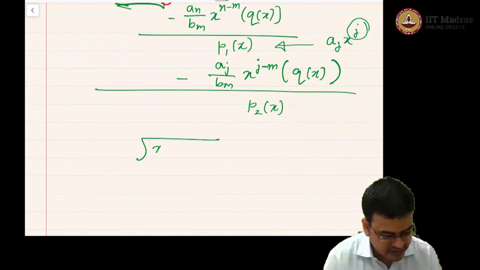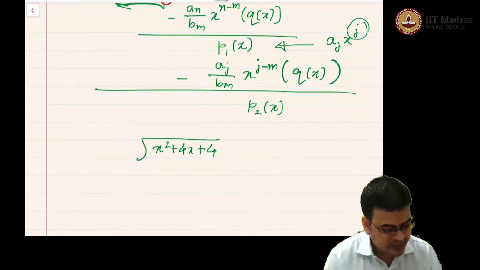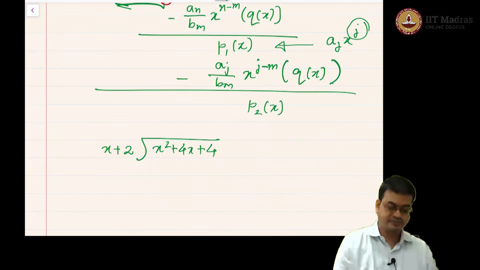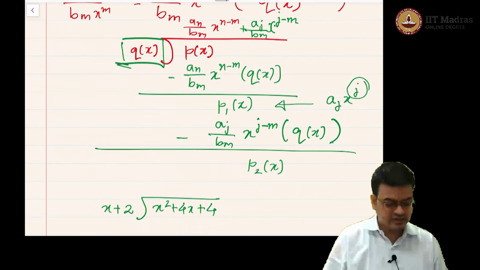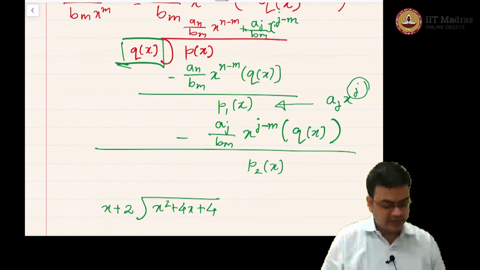Let us take the example x squared plus 4x plus 4 and divide this polynomial by x plus 2. Here p(x) is x squared plus 4x plus 4, q(x) is x plus 2, and I am dividing it.